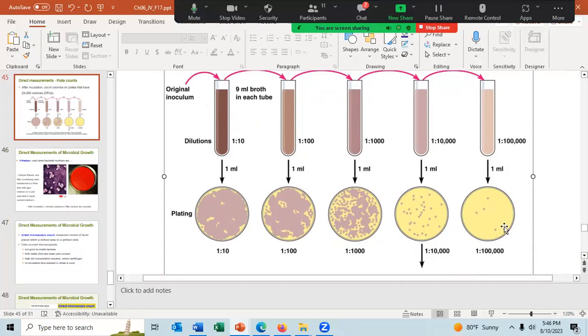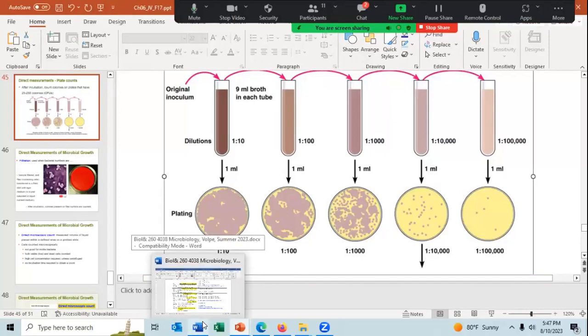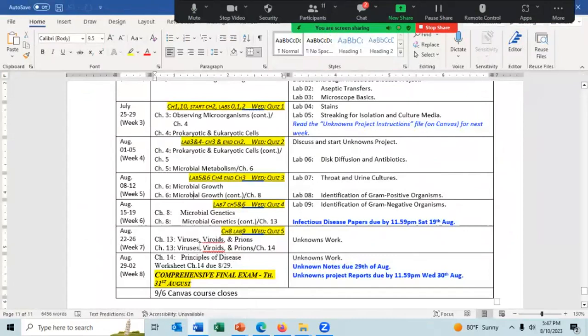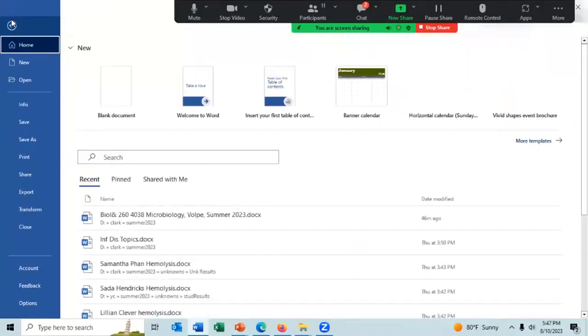So which plate do we use to get our estimate? This plate or that plate? Any ideas? The one with 4? The 4 is easier, but we actually don't use this one. We use that one, and the reason why, let me make a new plate here.